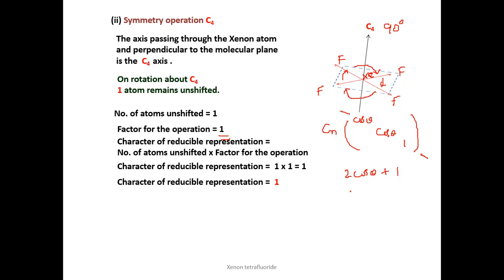This is the character for Cn. If you take the case of C4, the angle theta will be equal to 90 degrees, and so this will be 2 cos 90 degrees plus 1. Cos 90 is 0, so 2 into 0 plus 1, which will be equal to 1. That is how you get the factor as 1.